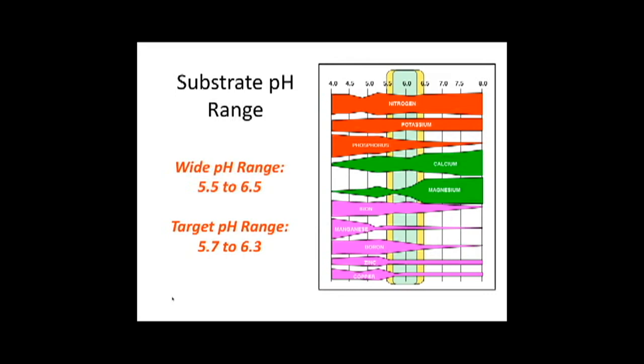So 5.7 to 6.3 would probably be a better target range, that green zone on that graph. And if it starts nudging into the yellow zone, between 5.5 and 5.7 at the bottom and 6.3 and 6.5 at the top, you start making some management changes to bring that pH back to where it needs to be.